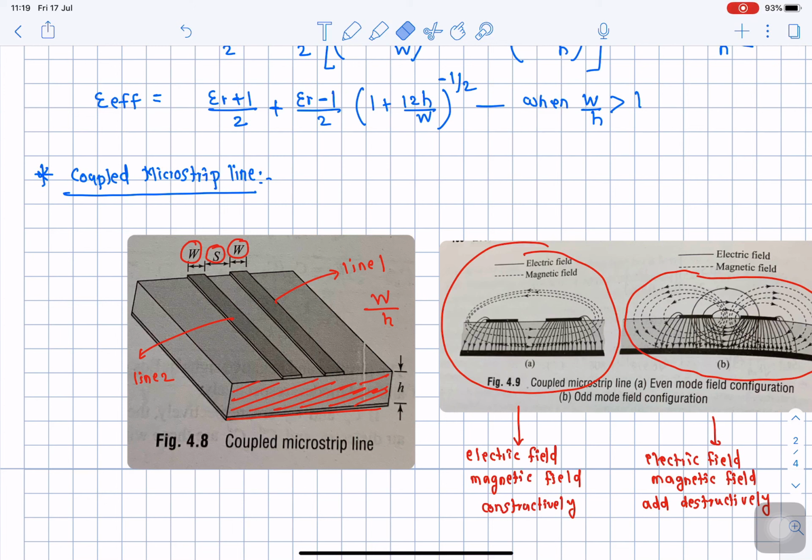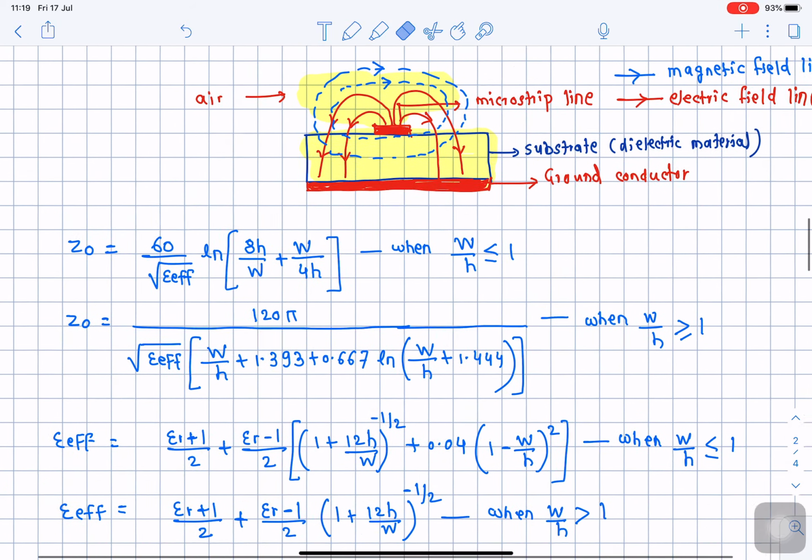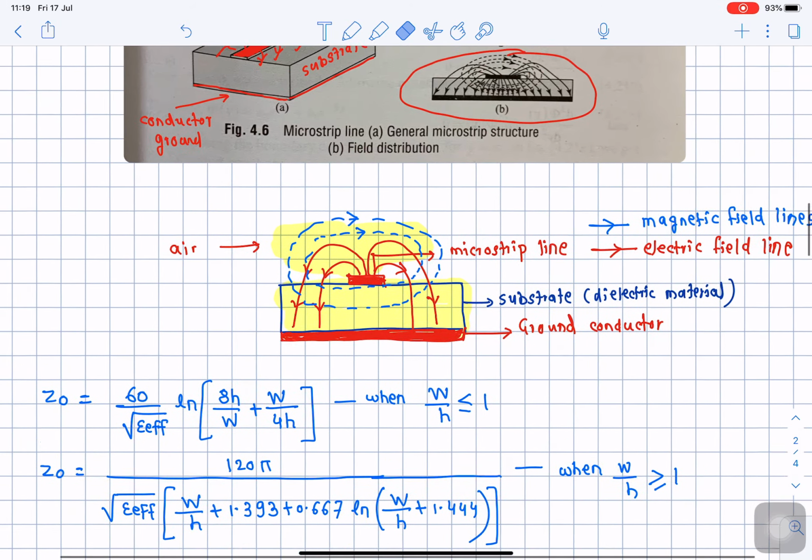Lastly we came to the final one, the coupled microstrip line, and we saw how it is constructed and what the exact difference is between the microstrip transmission line and the coupled microstrip transmission line. And we understood what you mean by even mode and odd mode of coupled microstrip transmission line. Okay, and we also saw the field distribution typically for these modes of coupled microstrip. So I hope you understood these special types of transmission line.